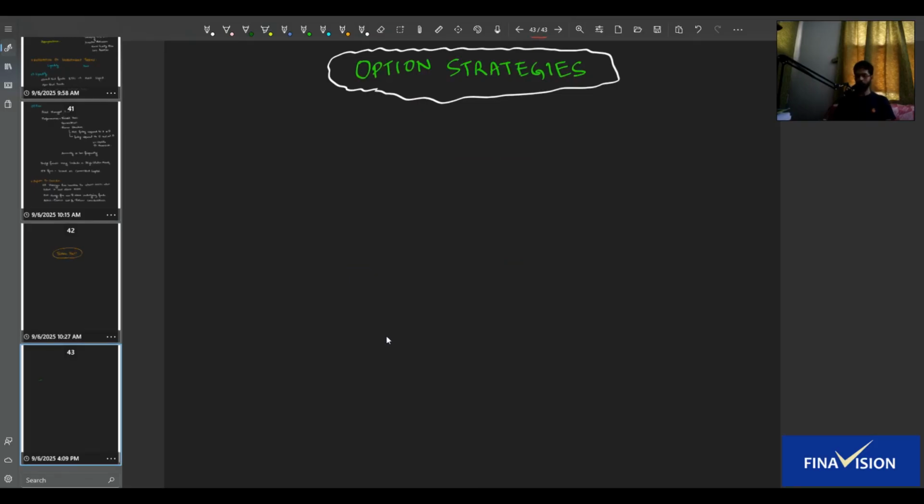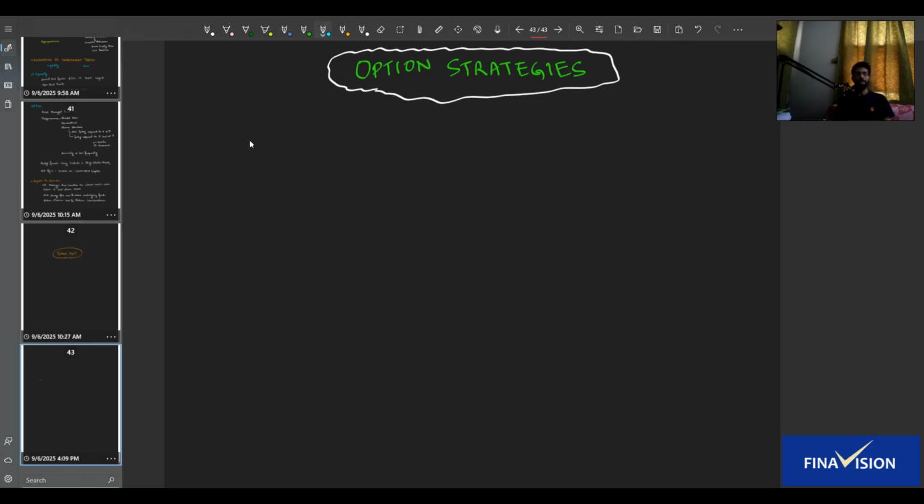So friends, welcome to this new chapter of option strategies. From option strategies, what do we understand, friends? We are trying to understand how an investor can combine different options to take positions based on his or her own projections of the markets or of some underlying, right? A good way to start this is from the put call parity equation.